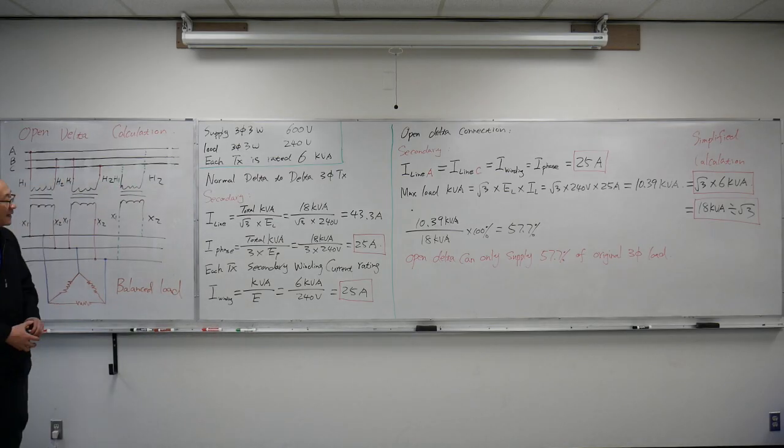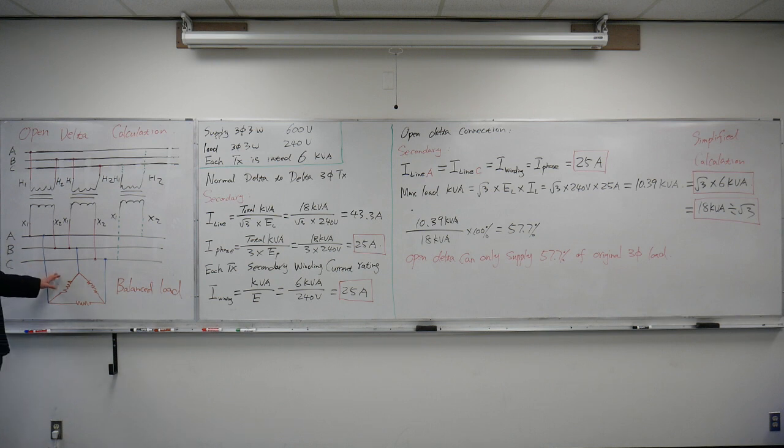To explain that, I put a three-phase balanced load at the bottom, on the secondary of the transformers. We can calculate how much load we can supply with all three transformers in there, and with one transformer removed from service, when we only have two transformers connected in open delta, how much load we can supply.